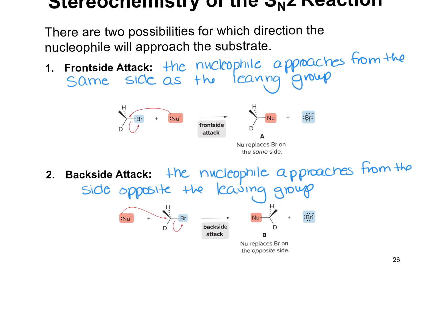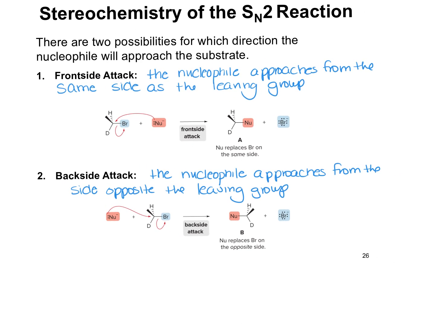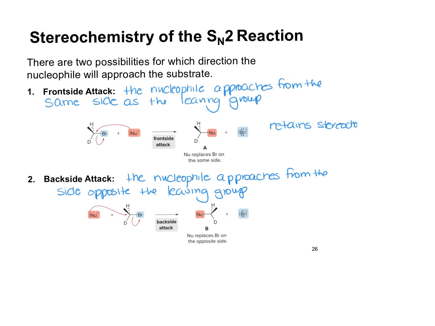Right? So this affects stereochemistry. If you have a front side attack, what happens here is that the product retains the stereochemistry. So what does that mean, right? Well, if this starts as R, this will also be R. If this starts as S, this will also be S.